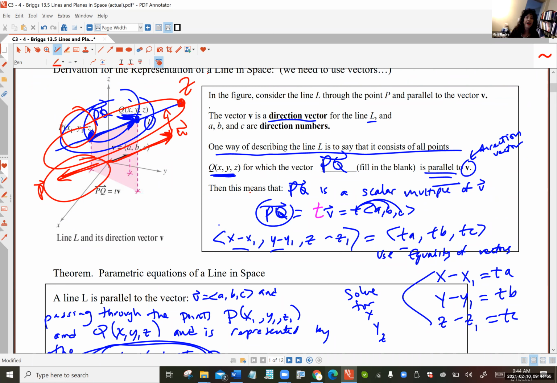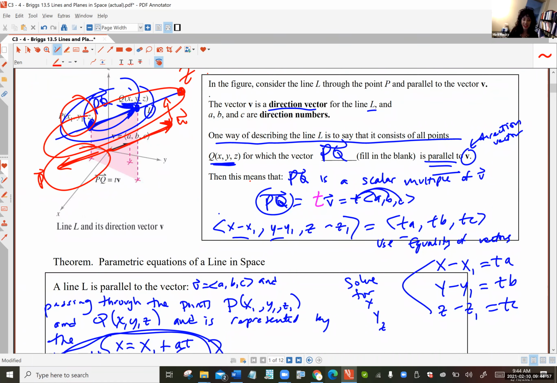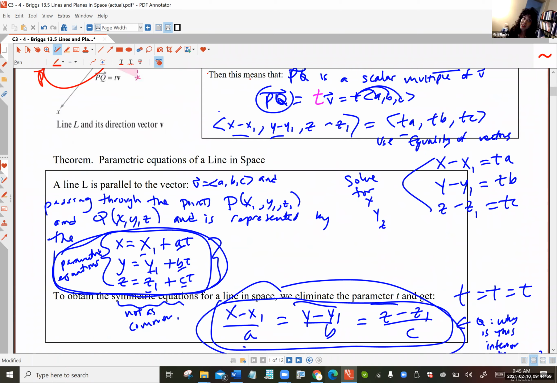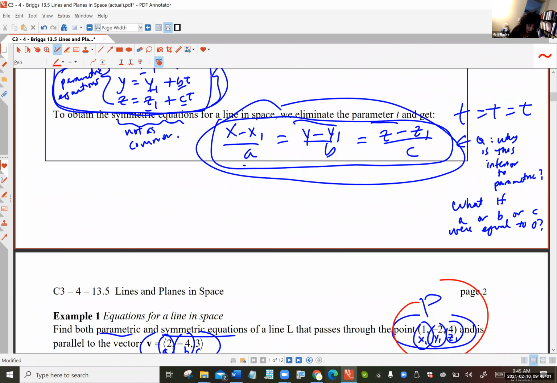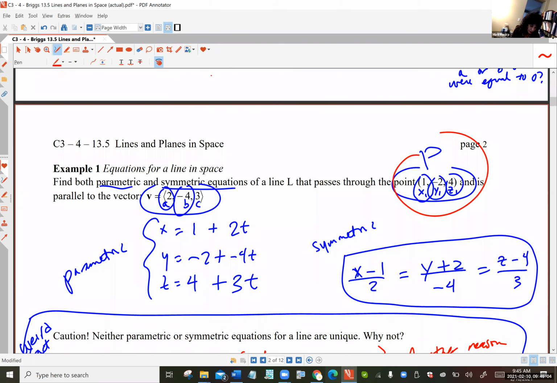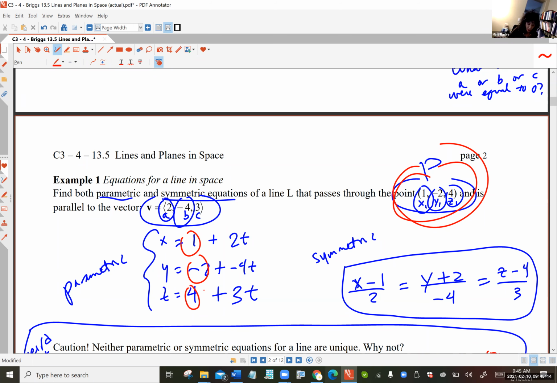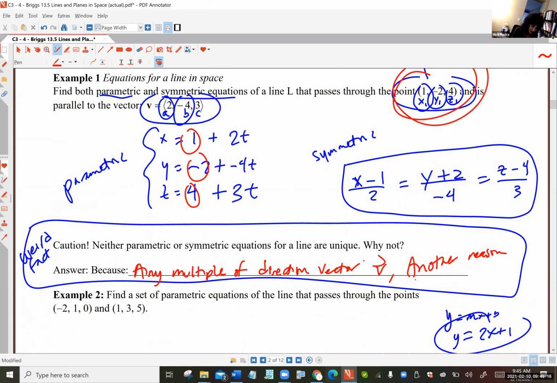I'm being kind of ridiculous here, but I'm trying to make a point, no pun intended. Instead of the coordinates of the point you used, I'm going to use my coordinates. Right then, our equations are going to look different, but they're both correct. Another reason: use a different point.